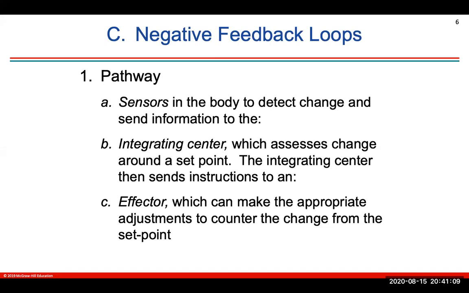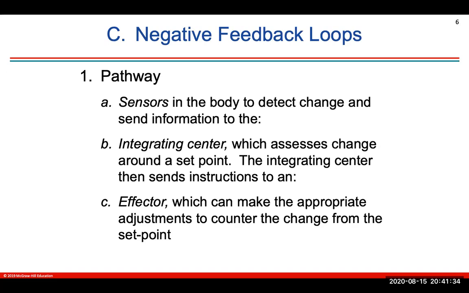Sensors in the body will detect changes, and these sensors can be in the skin or in muscles, and they will send any change to the integrating center, which assesses that change around the set point. The integrating center is usually the thalamus in the brain, and it'll send those instructions to an effector, which can make the appropriate adjustments to counter the change from that set point.